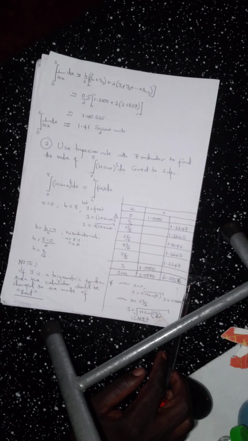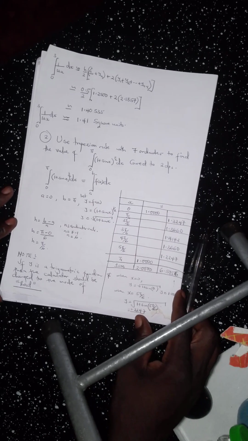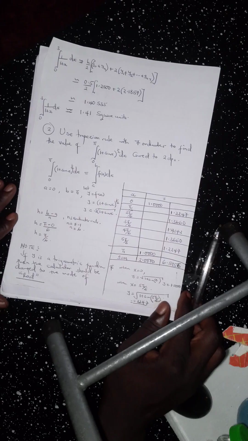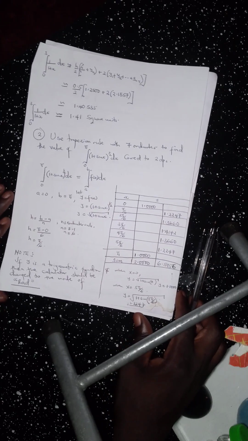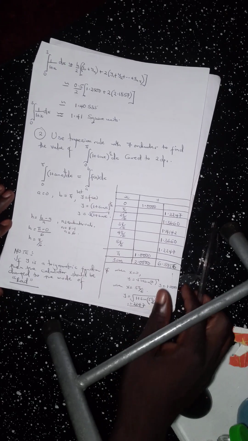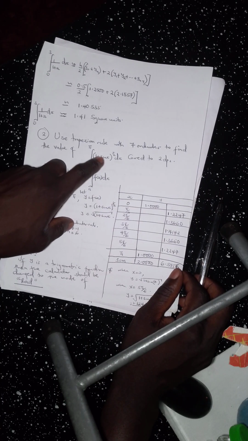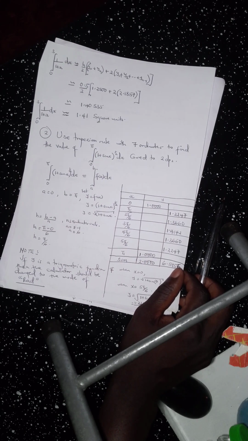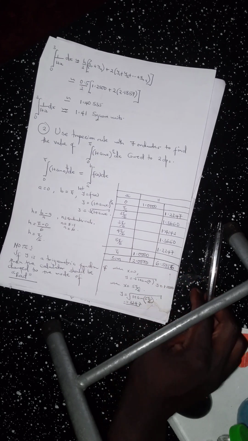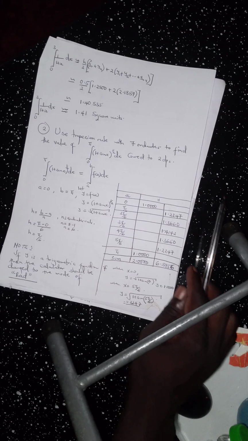If you use it when it is in degrees, you'll be getting wrong values of y. So let us take note of that: if this has anything to do with a trig expression, then we must always put our calculators in radians.